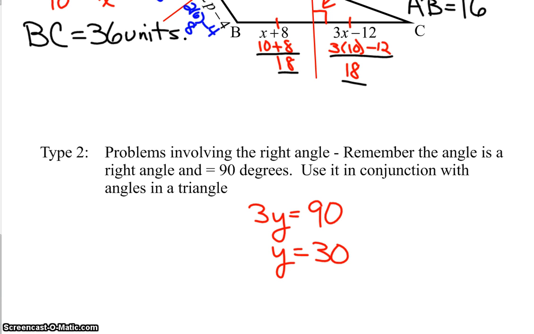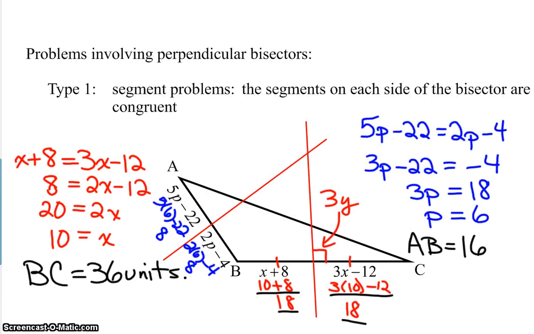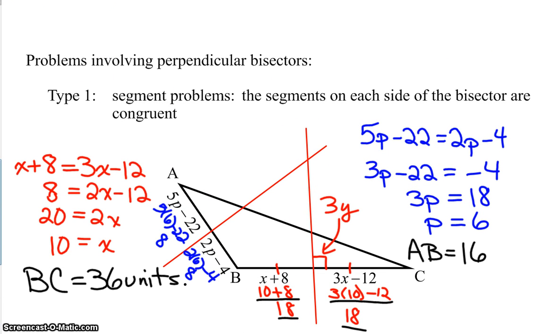Now, suppose at the same time I also knew that the longest side of my triangle was y. Then I know that the longest side of my triangle is going to be 30.